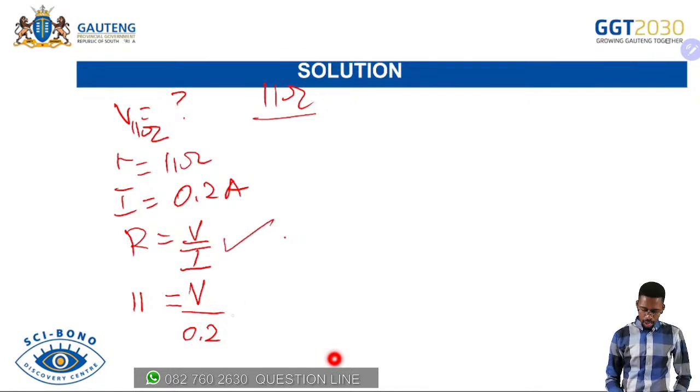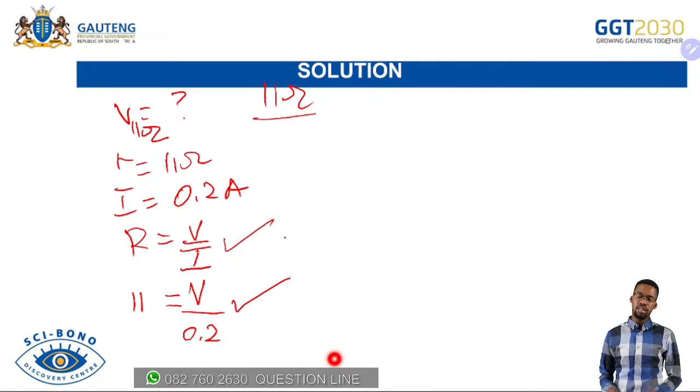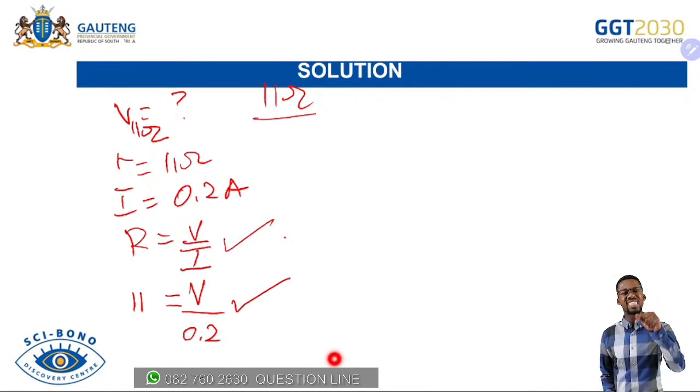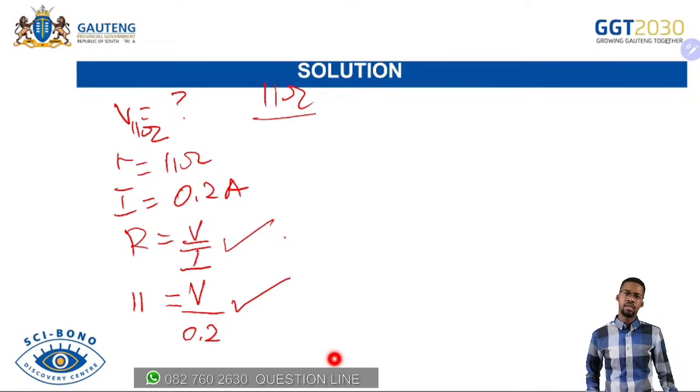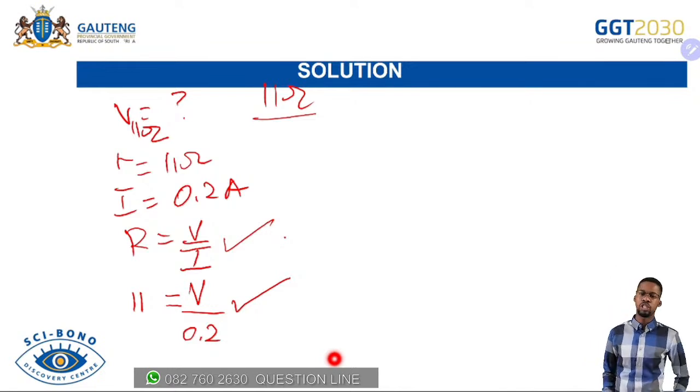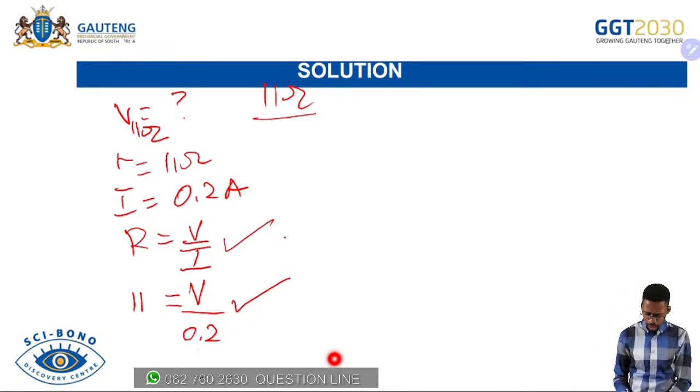So you get a mark. This is what we are saying: write down the correct formula and substitute correctly. The power is with writing the correct formula and correct substitution. Then transpose: 11 times 0.2 is equal to V.